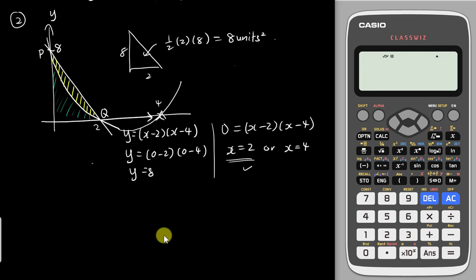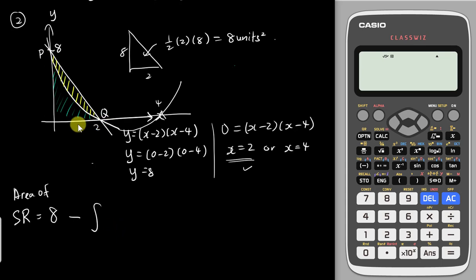Right, now I get the area of the triangle, so I want to get the shaded region, which is the yellow color one. What I want to do is find the area under the curve. The area of the shaded region, short form for shaded region, will be 8, which is the area of the triangle, minus the integral.